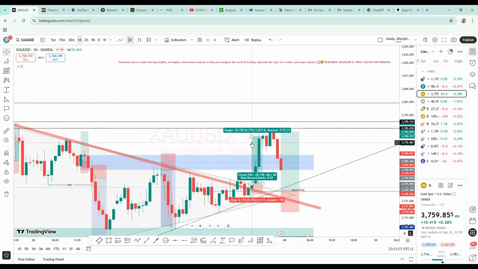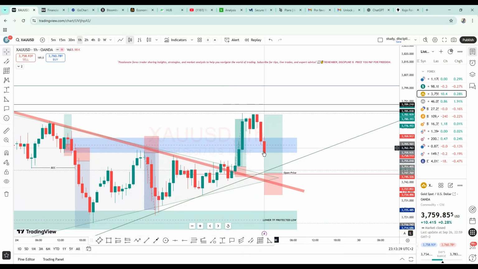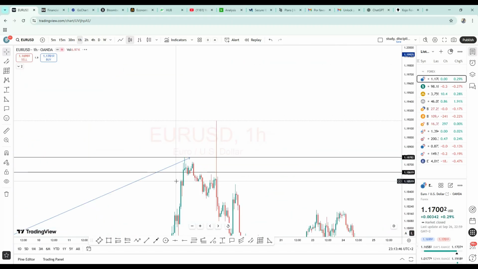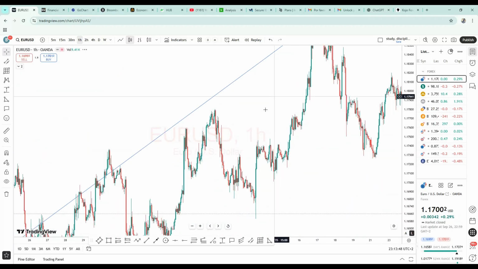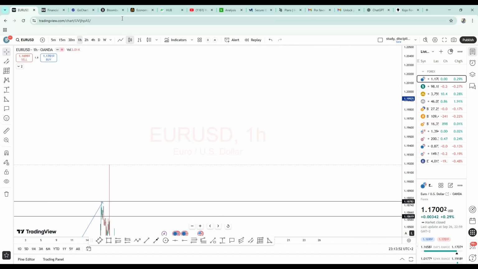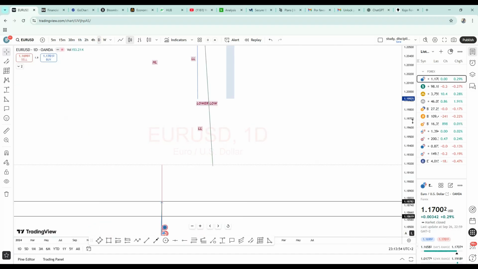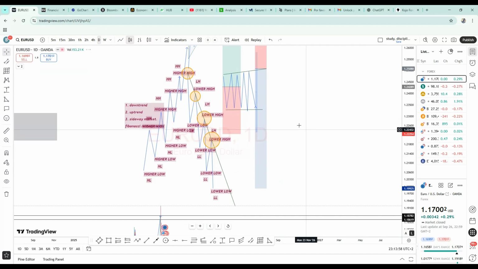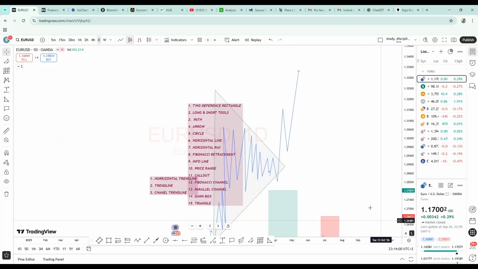You can see, take profit. Now we have a retracement. The market is going to retrace back to this level, as I was saying. It was on the daily time frame, so it's too far, but you can see this is it.